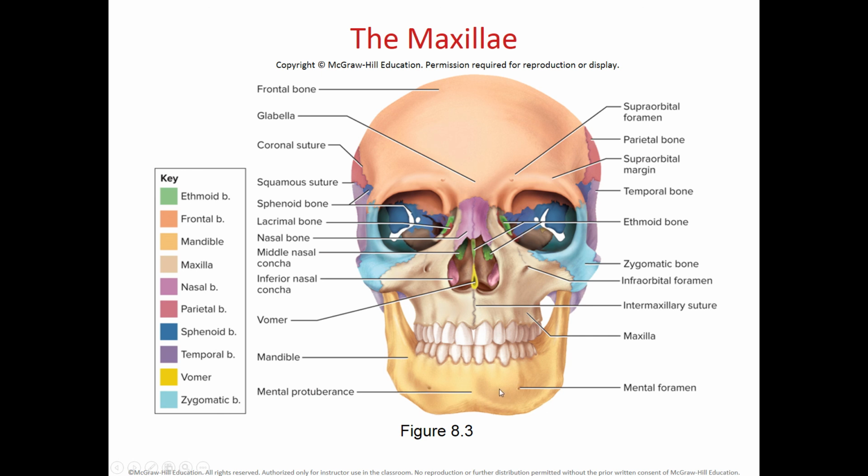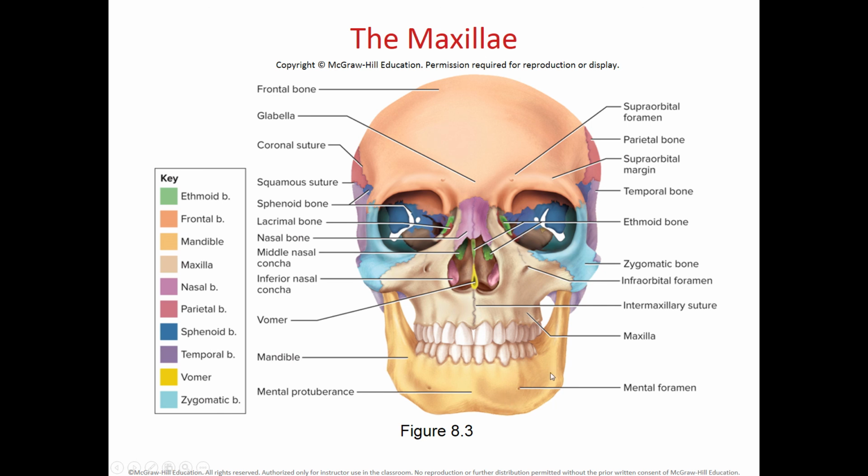And then on the sides of this mental protuberance, we have the mental foramen, which allows the passage of a nerve that helps us to feel sensation in our lip area and also in the gingiva within this area, which is a mucosa that protects our oral cavity.